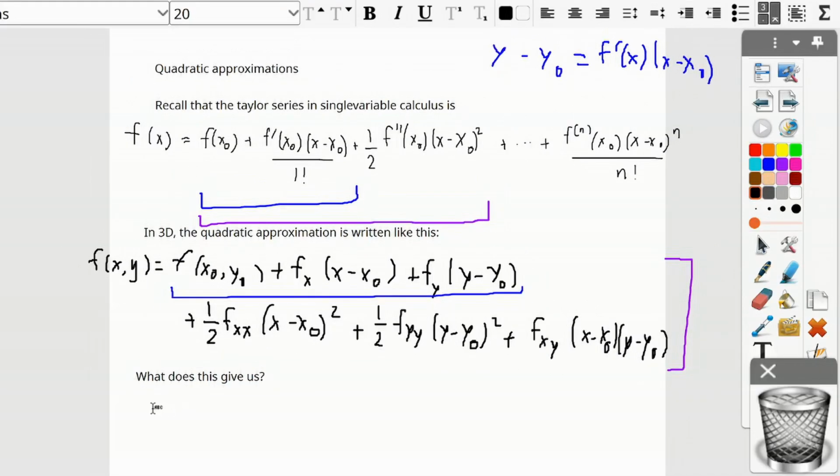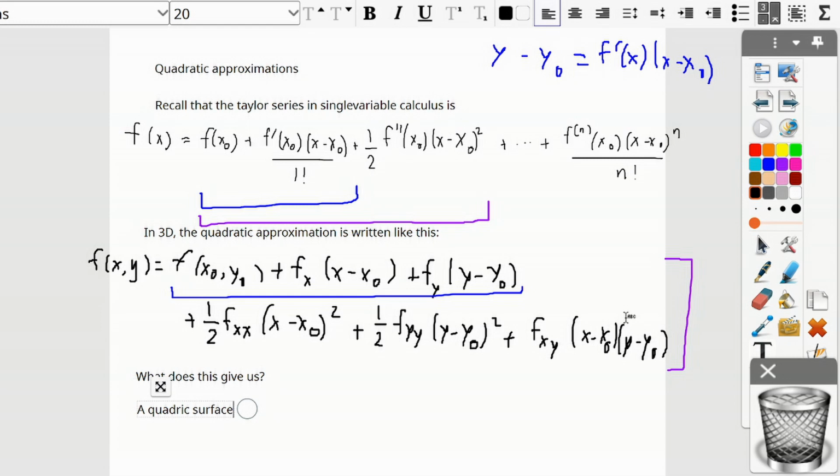This gives us a quadric surface that is tangent to the point. That sounds a little bit weird, right? It gives us a quadric surface. Usually it probably won't give you a cone.